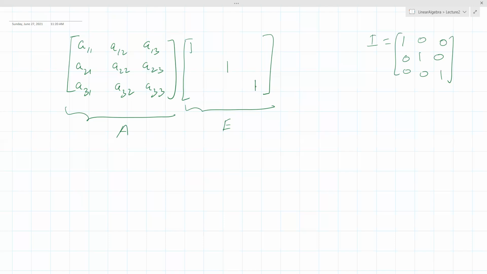I want to subtract L21 times the first equation from the second equation. That is my goal. So if I put minus L21 over here, L21 was your multiplication factor and you have to subtract that, you subtract the first equation from the second equation.